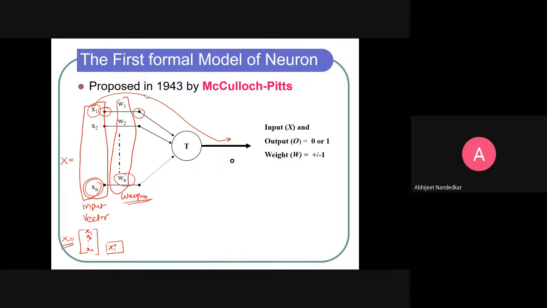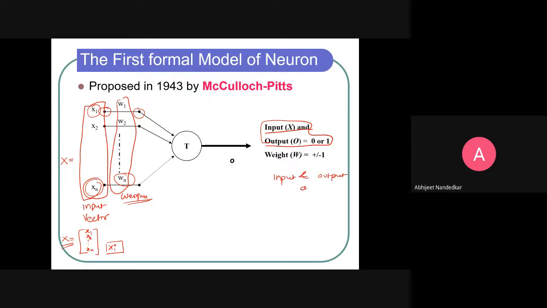So what we do in the first model, we use input and output to be binary, ones or zeros.